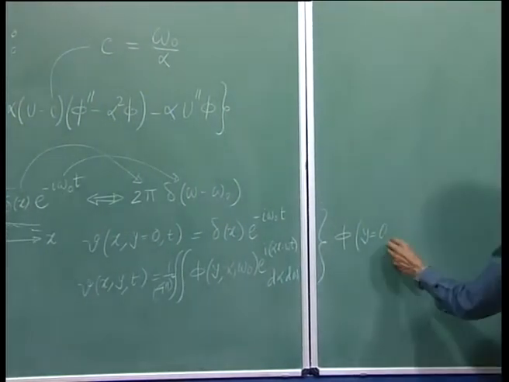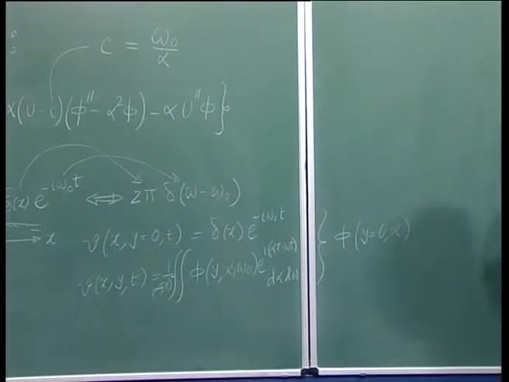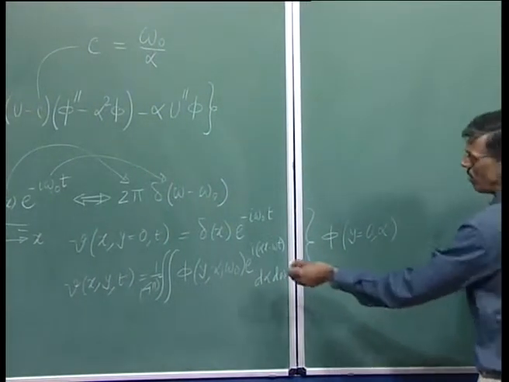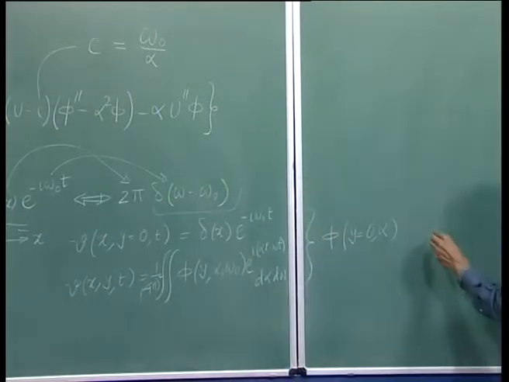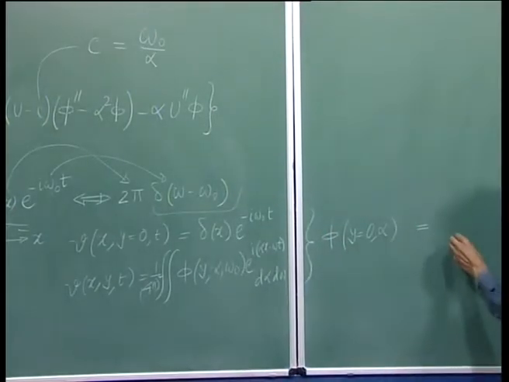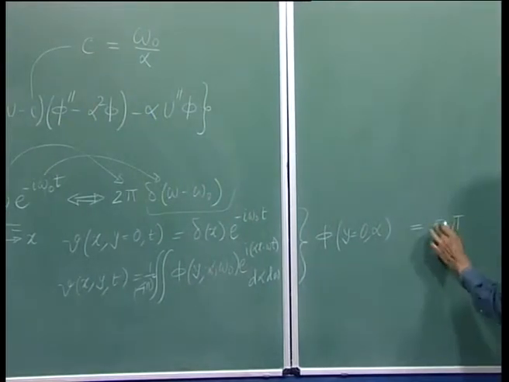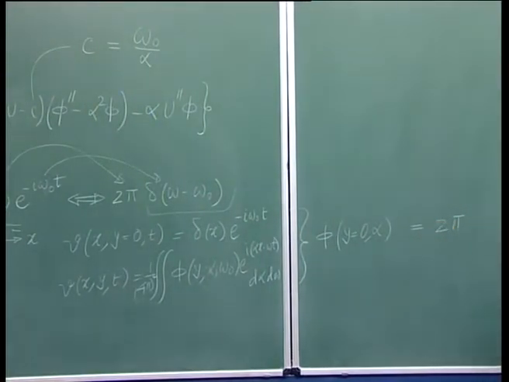Okay. And it will also be a function of alpha, and because of the signal assumption, this will be nothing but simply equal to 2 pi, right. It will be just simply equal to 2 pi.